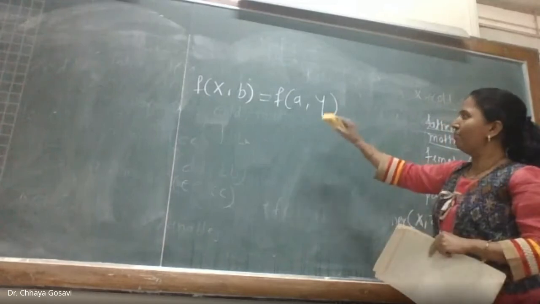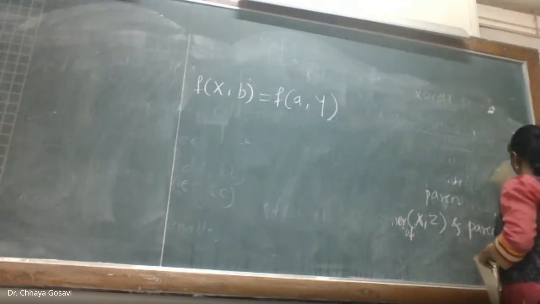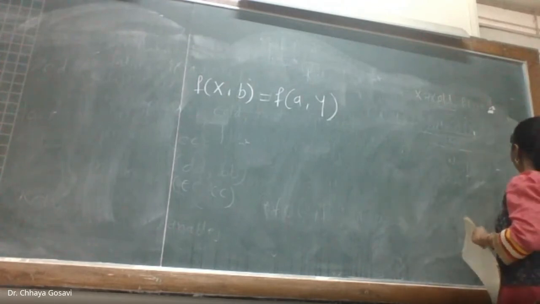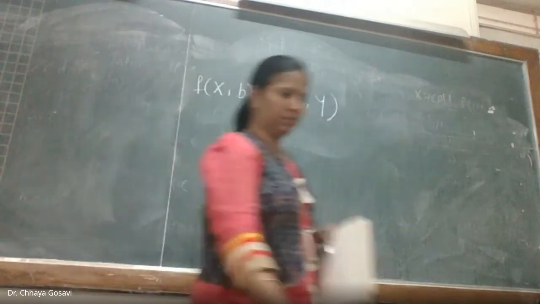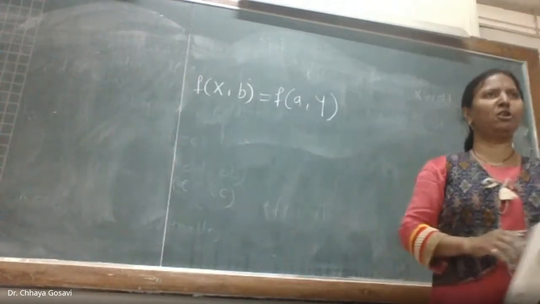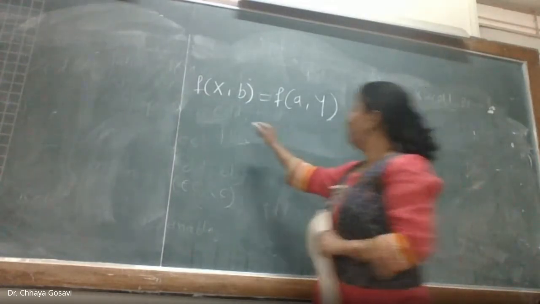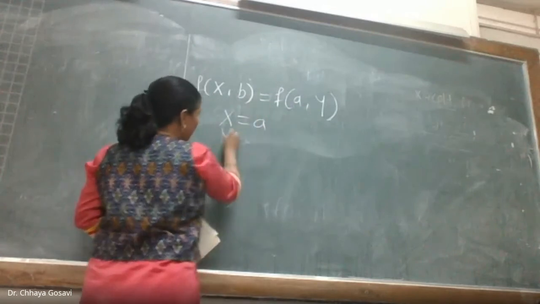Sorry, f(x, b) is equal to f(a, y). If this statement is given, what is the value of x and what is the value of y here? X is equal to a and y is equal to b.